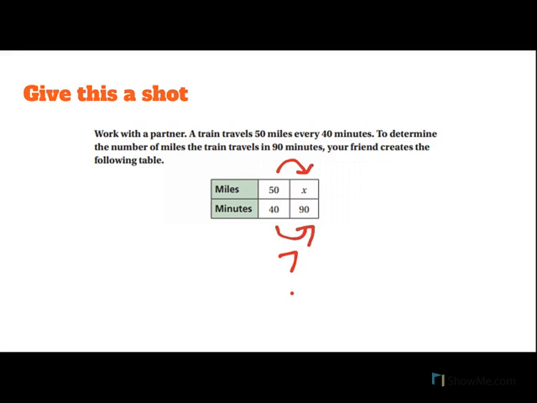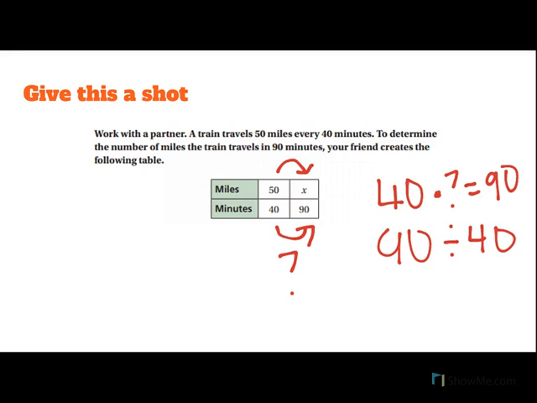And in fact, how we set this up a while ago, when we were working through these things, is we said, if we take 40 and we want to multiply this by something to get 90, our rule we came up with is if we take what we want and divide that by what we started with, which is 40, that's going to give us our answer. If we do this, 90 divided by 40, we would end up with 2.25.